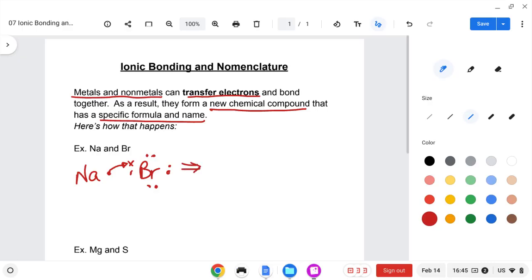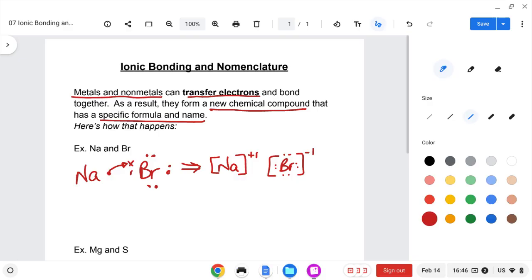So we clean this up, we show a little arrow, and remember how we show ions. We have square brackets. Sodium lost a negative particle. That means overall he has a charge of +1. Bromine now has all 8 electrons in that outer energy level, and he gained an extra electron, so his charge is -1.